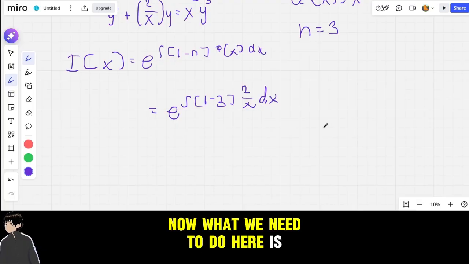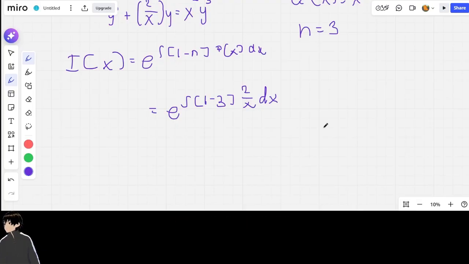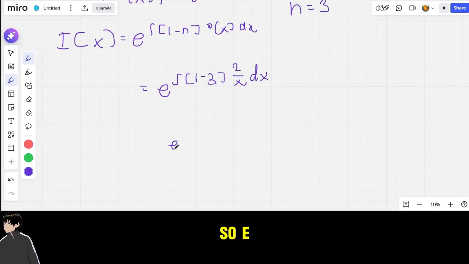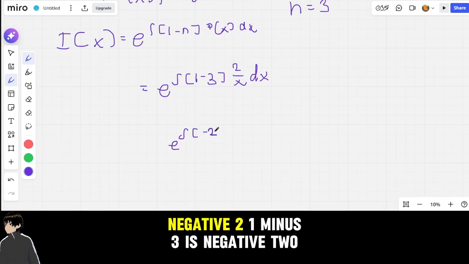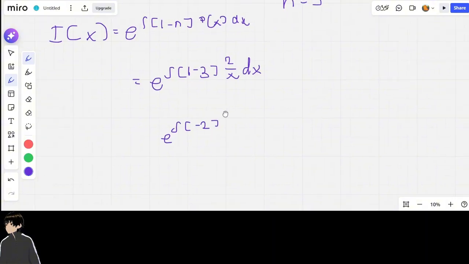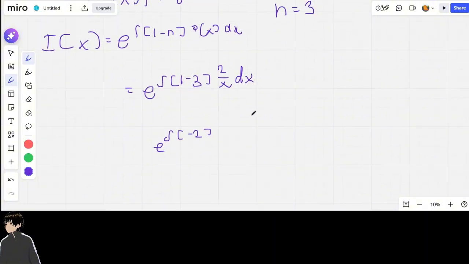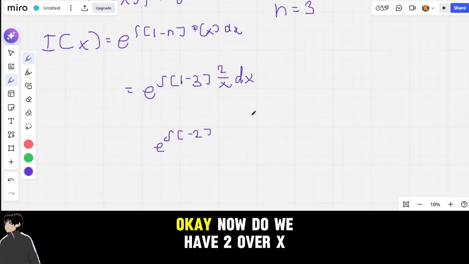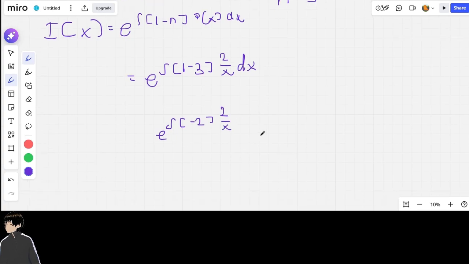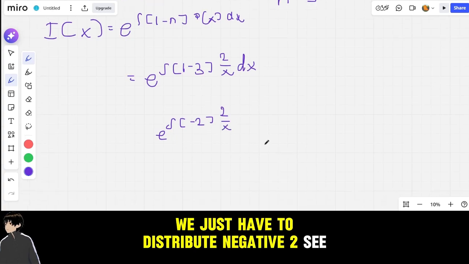Now what we need to do here is we just need to subtract. So e to the integral of negative 2, since 1 minus 3 is negative 2. And now that we have 2 over x, we just have to distribute negative 2.